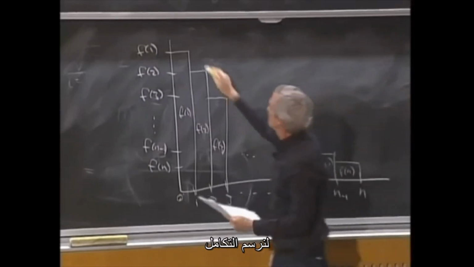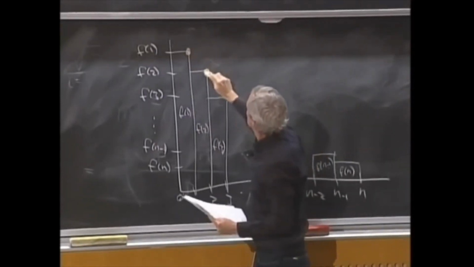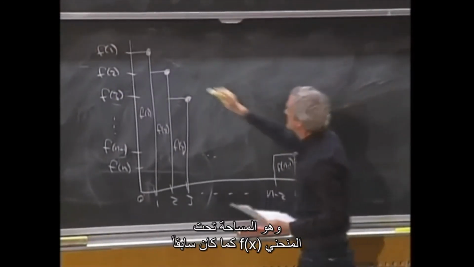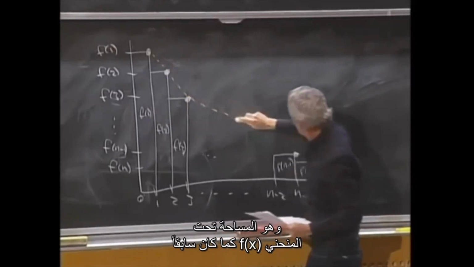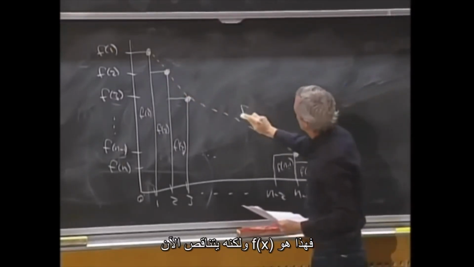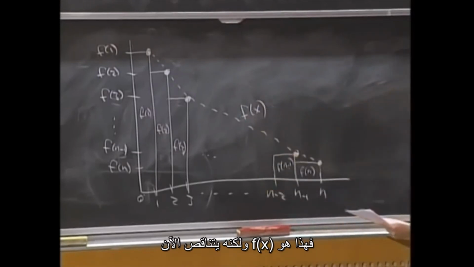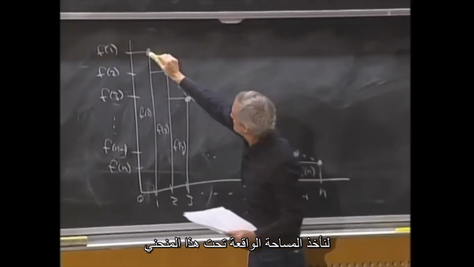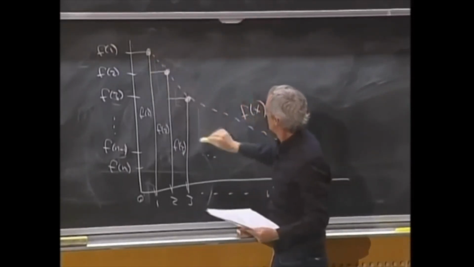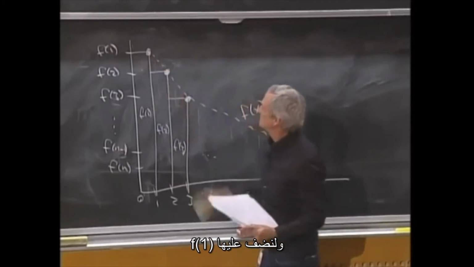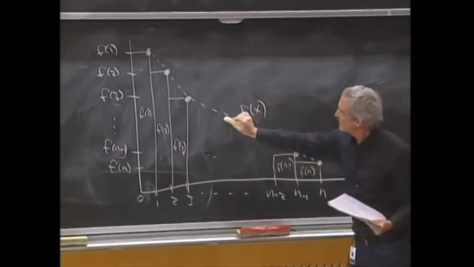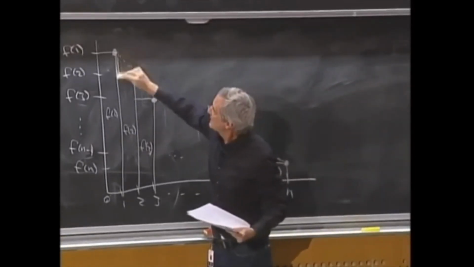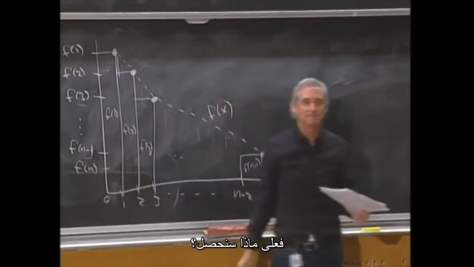Let's draw the integral like we did before. The integral is the area under this curve, f of x here, just like before. So this is f of x, only it's decreasing. Now, let's take the area under this curve and add f of 1 to it. If I take the area under this curve all the way down to here and then add f of 1, what do I get?